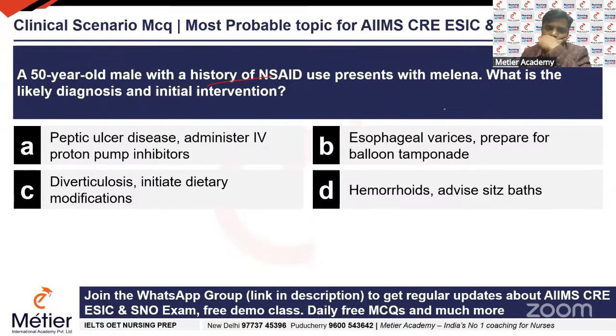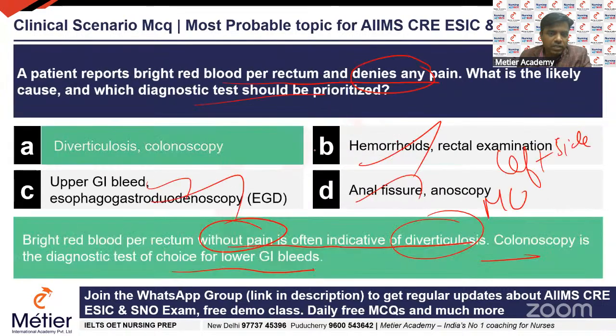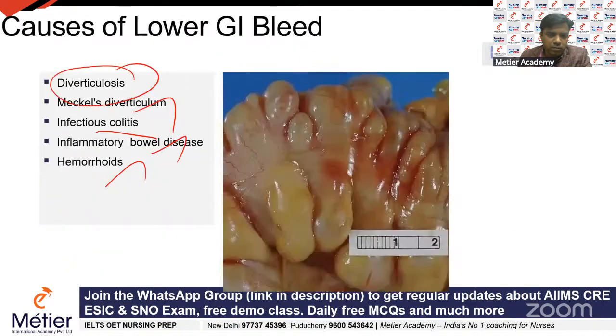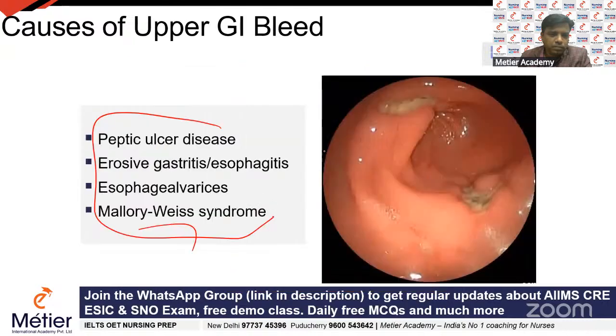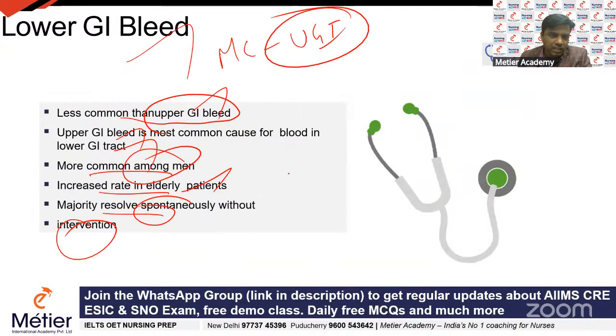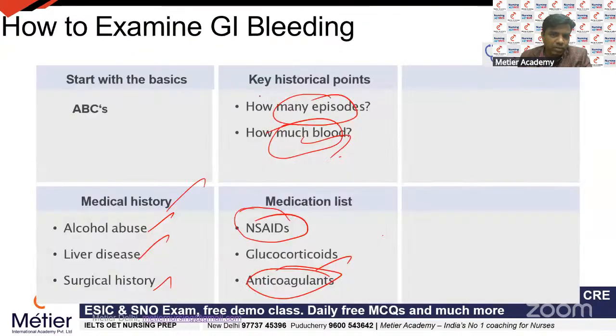Why does NSAID cause lower GI bleed? We have studied here that in upper GI bleed there are esophageal varices and peptic ulcer. But melena is a prominent feature of which condition? That is the special thing here.